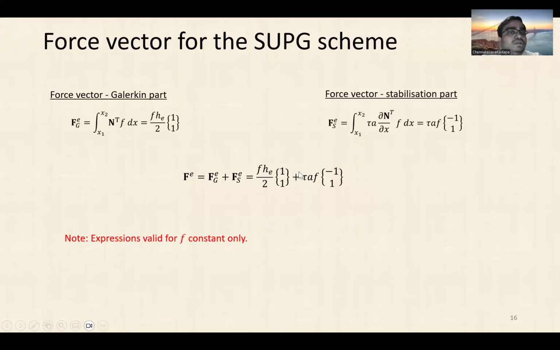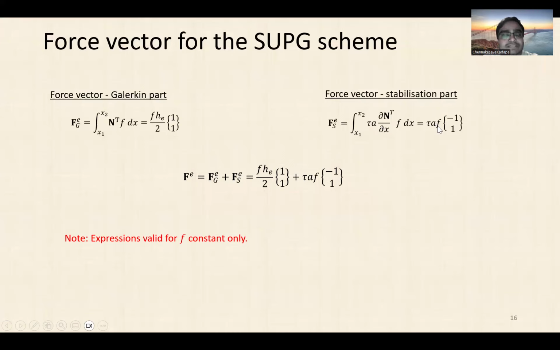Next, we look at the stiffness terms, but whenever we implement the force terms, always be cautious of the fact that these expressions that we have derived by integrating the basis functions here are valid only for constant f.